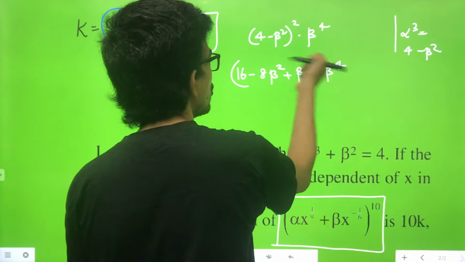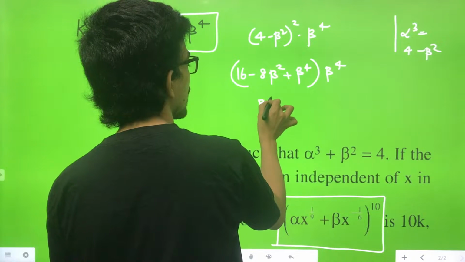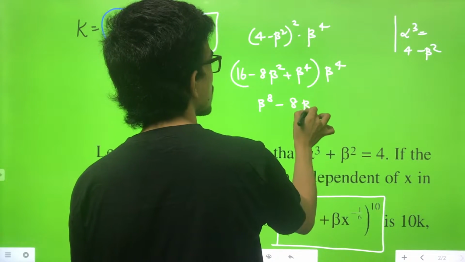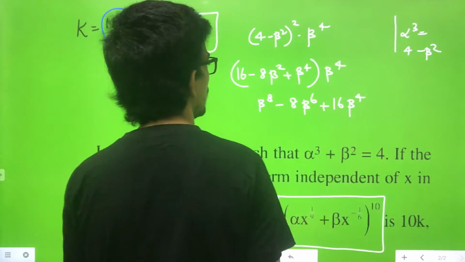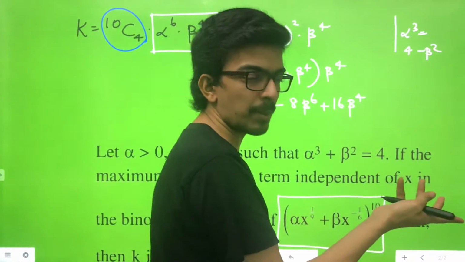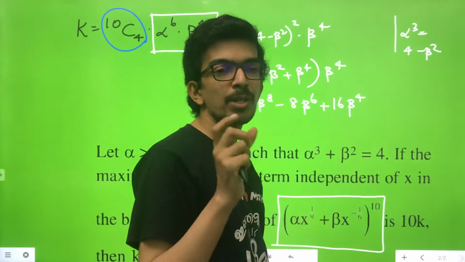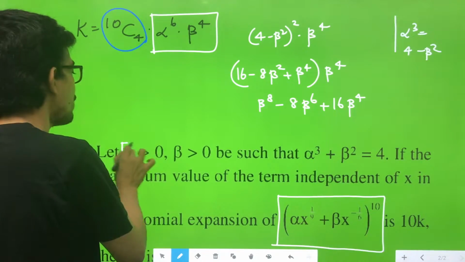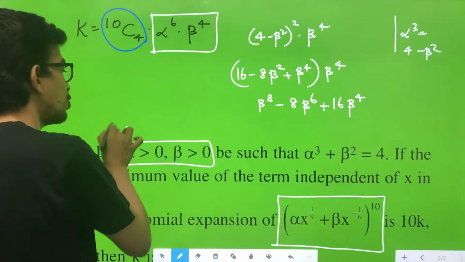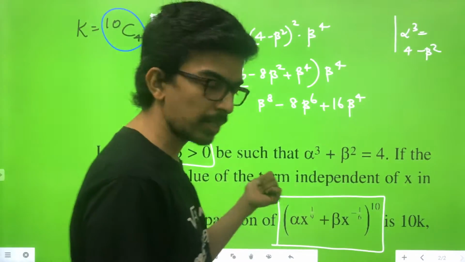So we have a function of beta which is beta power 8 minus 8 beta raised to 6 plus 16 beta raised to 4. Now to find the maximum or minimum value of this expression, of course there is some constraint also given on alpha and beta, that should also be noted. Alpha is greater than 0, beta is greater than 0.